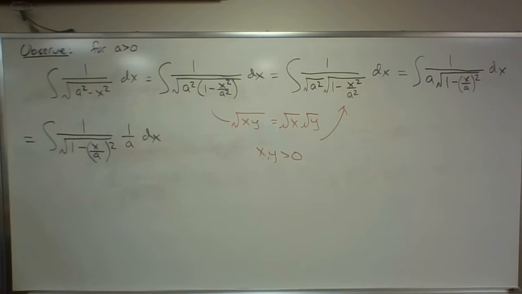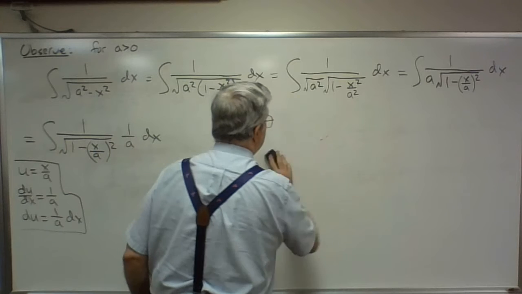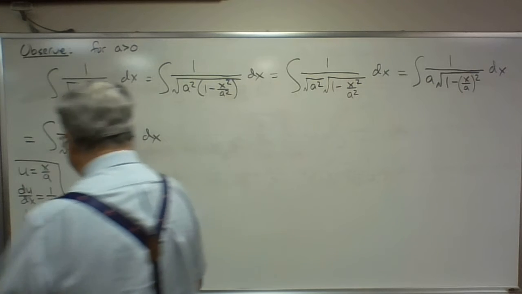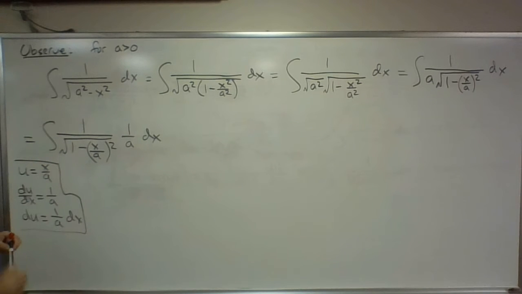So I'm going to let u equal x over a, and that means that du dx is going to be 1 over a, and that du is going to be 1 over a dx. And I am going to analyze this in terms of u.